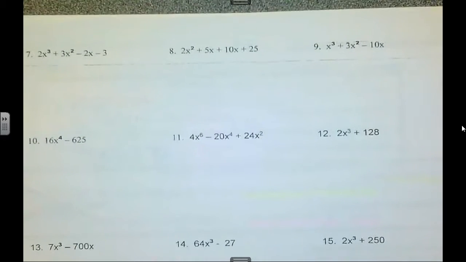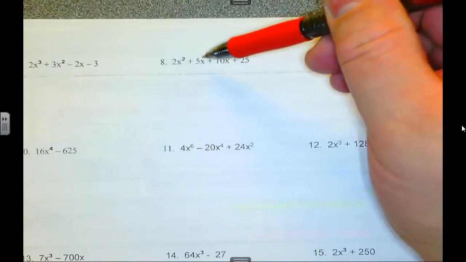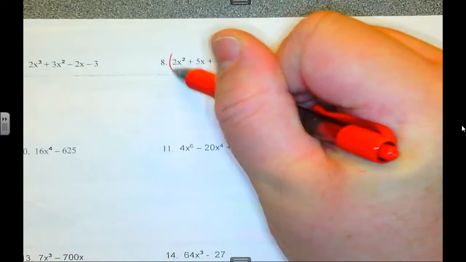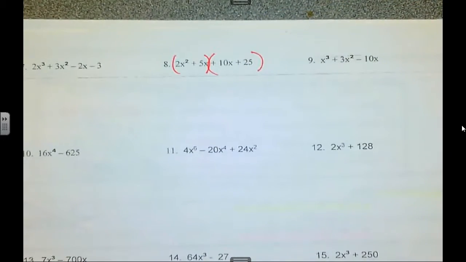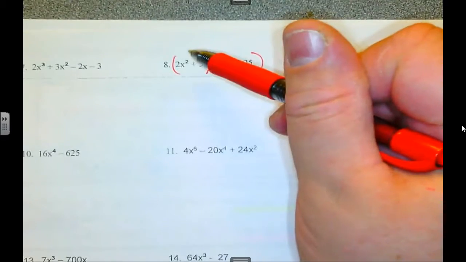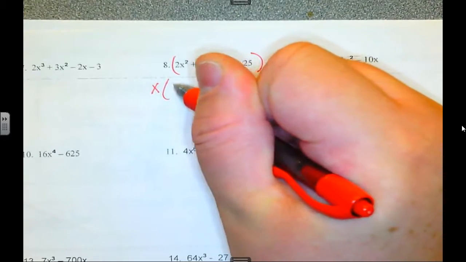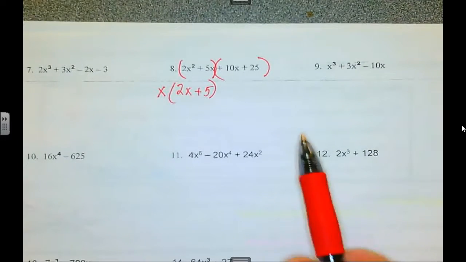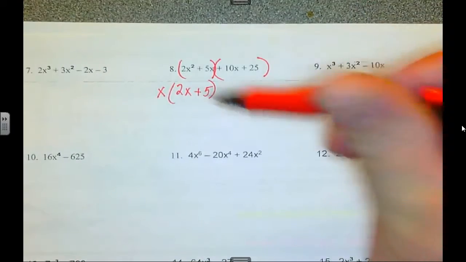Let's see, let's do another grouping. Number 8. I have 1, 2, 3, 4 terms. I'm going to group. Let's see, the first term, I can take out an x. That gives me 2x plus 5. Second group, I can take out a positive 5.